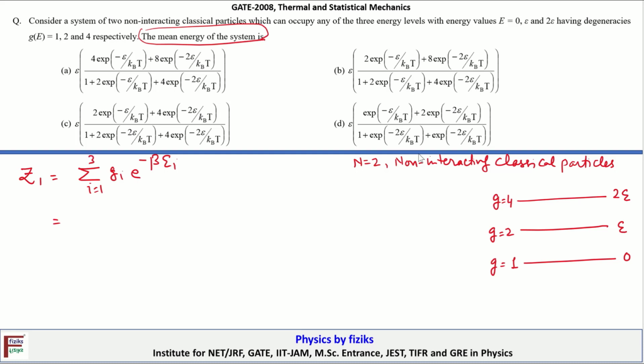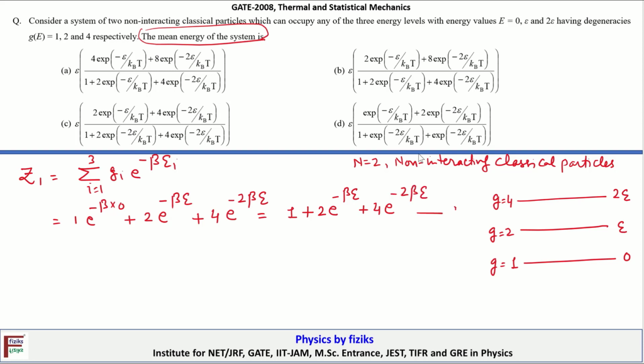So that is equal to G1, which is 1, into exponential minus beta E1, which is 0, plus G2, which is 2, exponential minus beta E, plus G3, which is 4, exponential minus 2 beta E. That is equal to 1 plus 2 exponential minus beta E plus 4 exponential minus 2 beta E. So that is the single particle partition function.